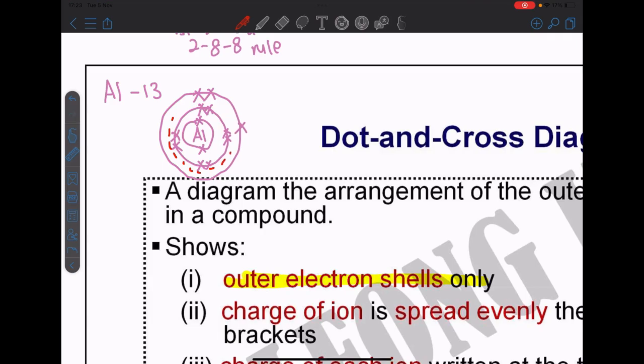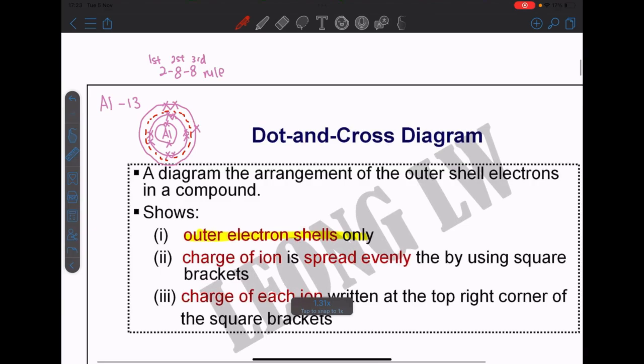We only take the outermost shell because that's what actually matters, as the inside, the one I have outlined, has a full outer shell, so we can ignore that, as we cannot transfer or gain any more electrons inside that.